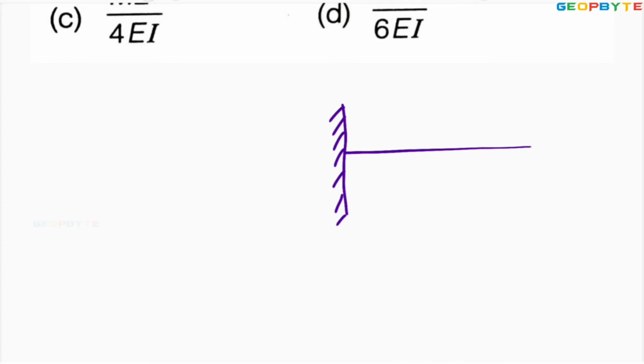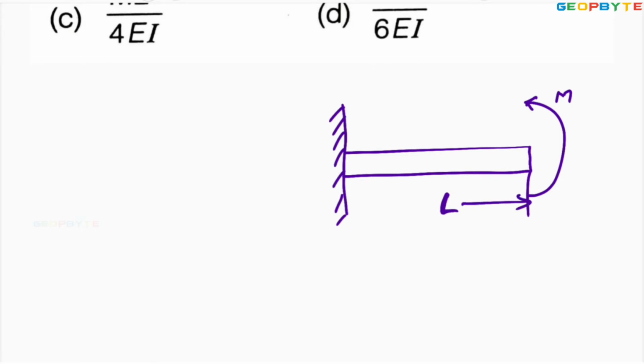This may be your cantilever beam, subjected to pure bending moment, maybe in the anti-clockwise direction. The length of the beam may be L. Because of that pure bending moment, the beam is going to deflect. You are asked to find the maximum deflection.